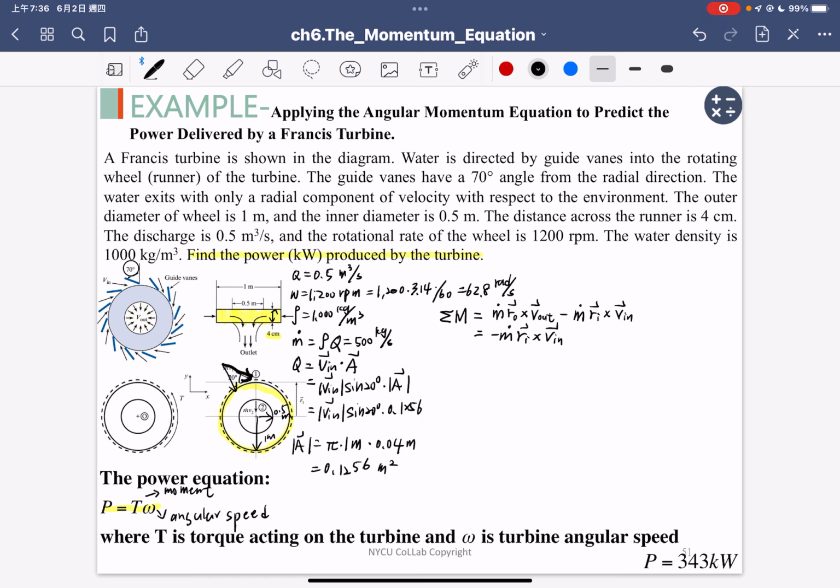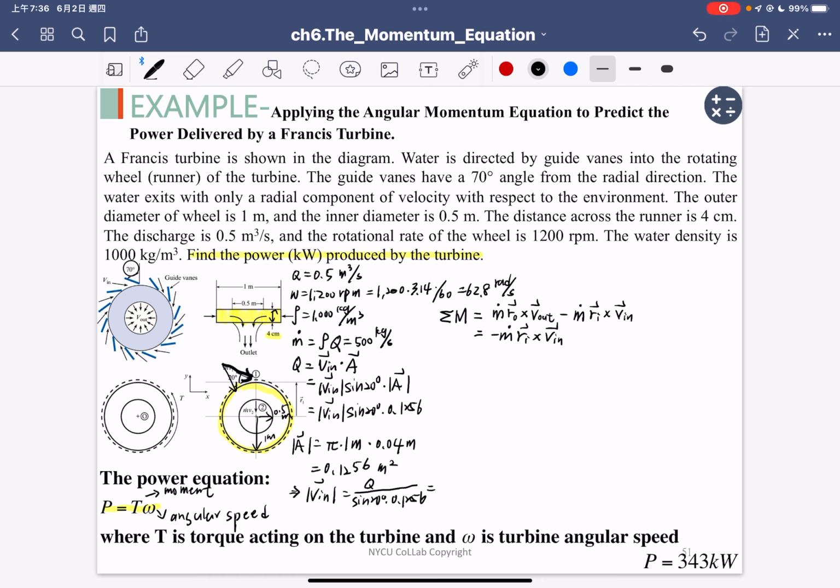So we can actually find the discharge. It is equal to the discharge divided by sine 20 degree and divided by 0.1256 meter squared.